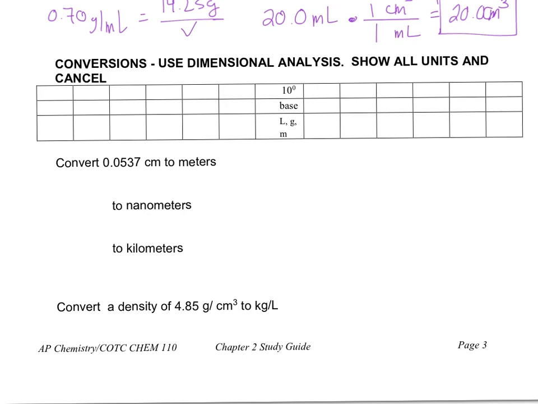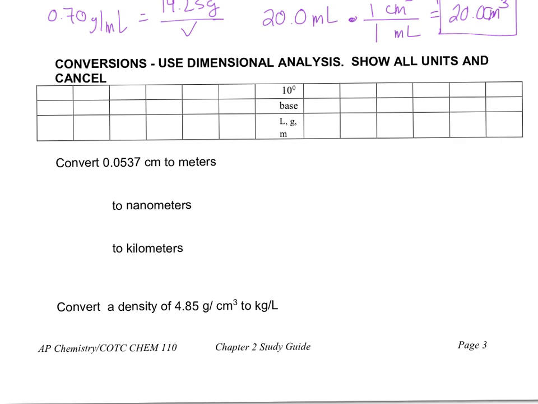Or if you're talking about the mass of an atom, that's a really, really small number. So we use metric prefixes, kind of like scientific notation, to help make our numbers manageable or reasonable to look at. And so we put these prefixes that mean that you multiply your number by some kind of factor.